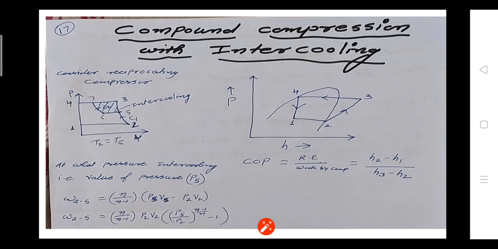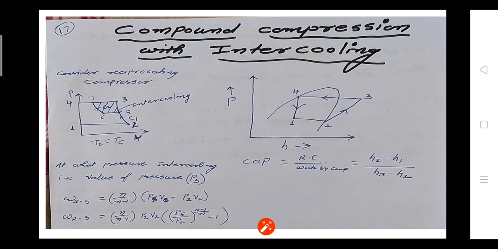If you see this PV diagram that I have shown here, the shaded area is the amount of work energy that is reduced, because we know that the area under the PV diagram is the work done. The actual compression work done in the 2 to 3 process is the area under the whole rectangle 1 2 3 4, which is the work energy required by the compressor initially. But after the compound compression, the shaded area is reduced, meaning that much work is reduced.